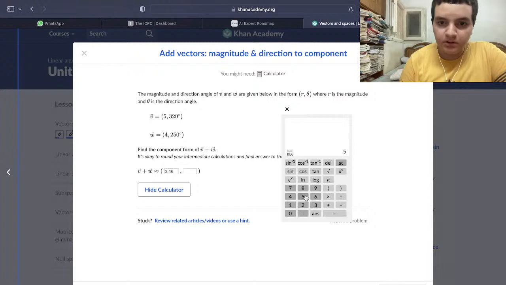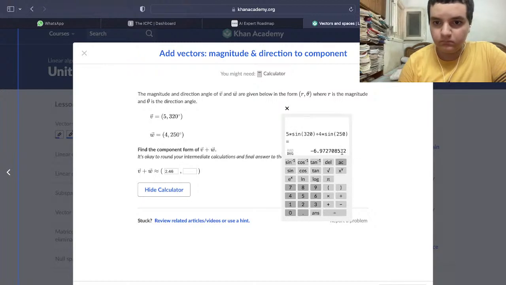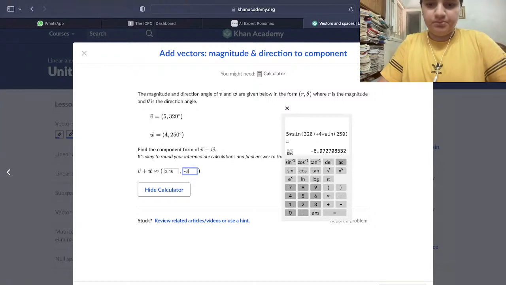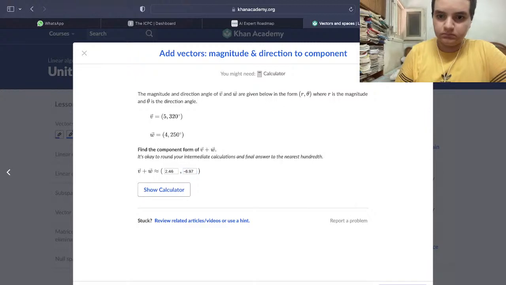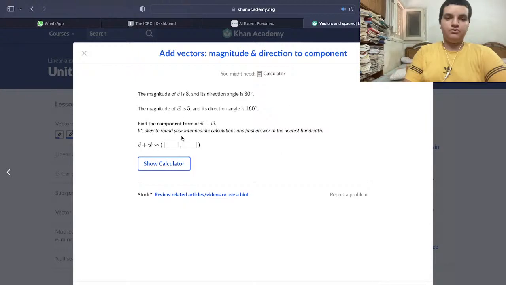It's 5 by sine 320 plus 4 by sine 250. Negative 6.97. Okay, so there was a problem.